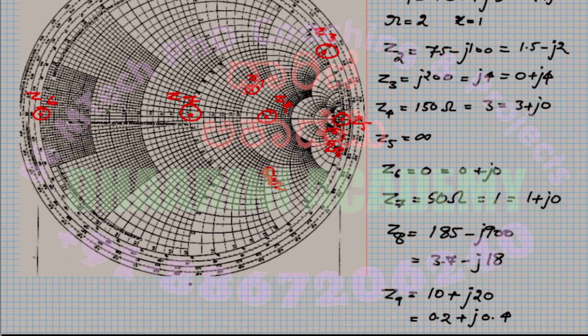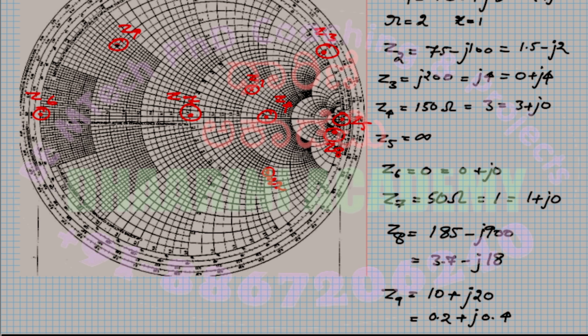So 0.0, 0.1, 0.2, 0.4, and 0.2. I think this is the point, right? This is the point that is corresponding to Z9.